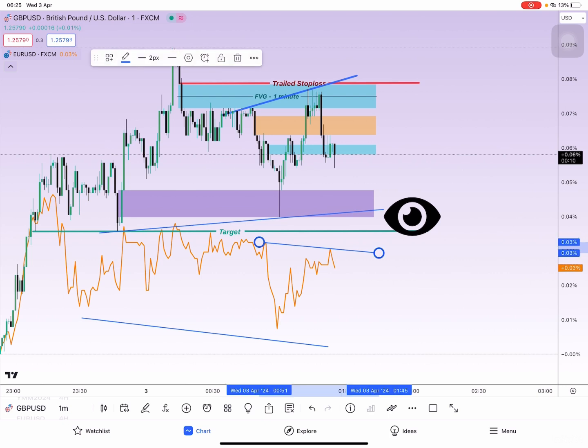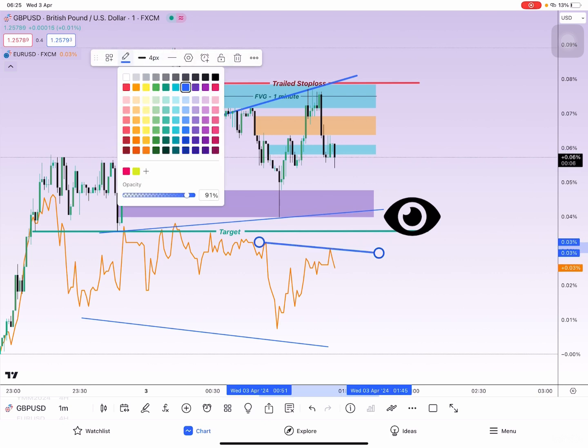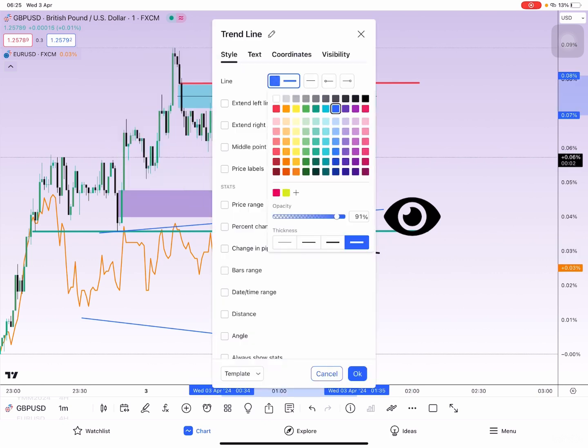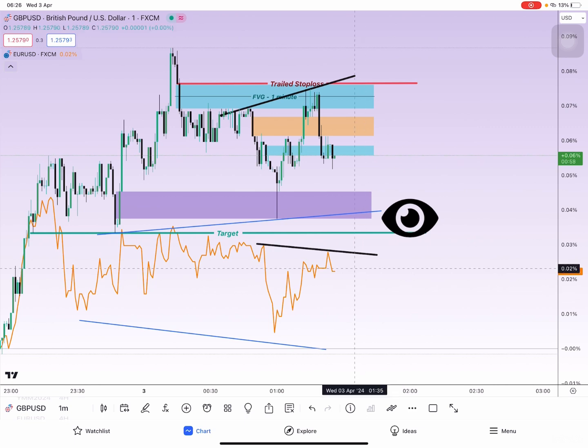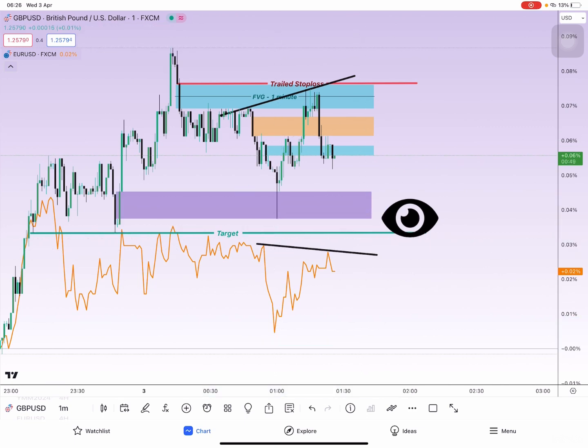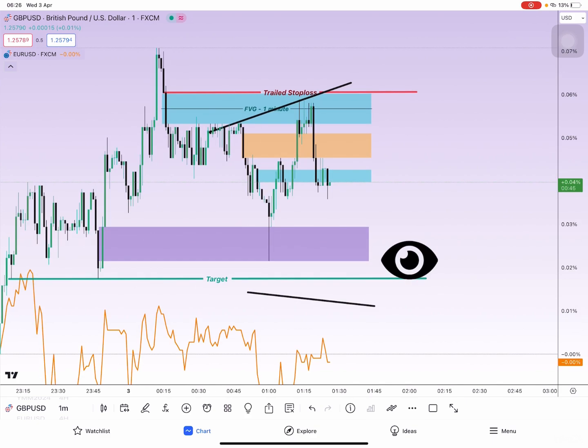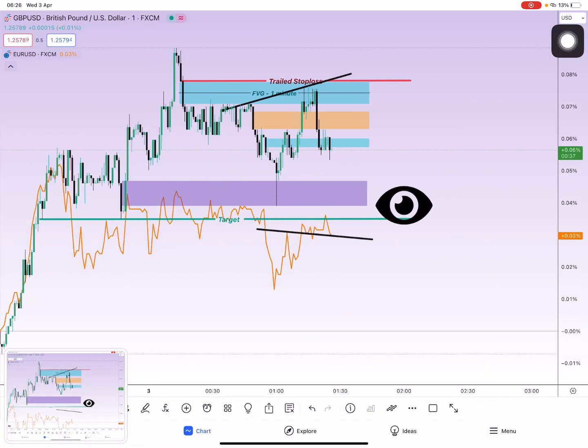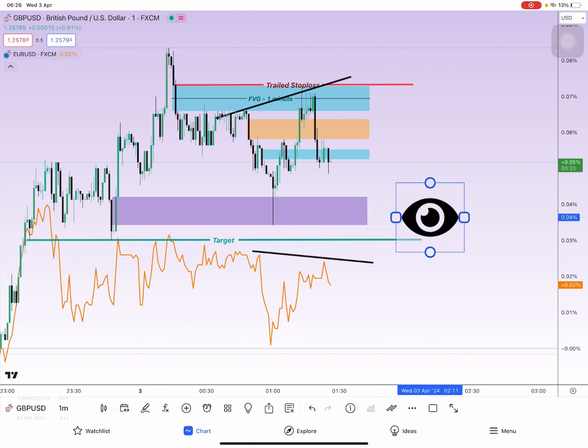So we see that we have divergence here. I would delete this one because it's an older one, and we would focus on these black lines. So yeah, here.